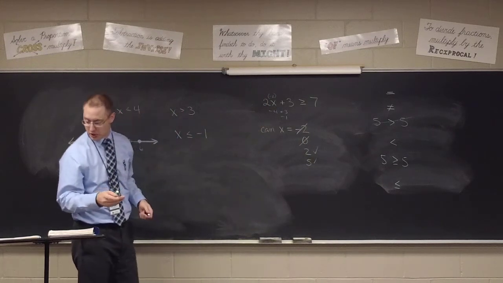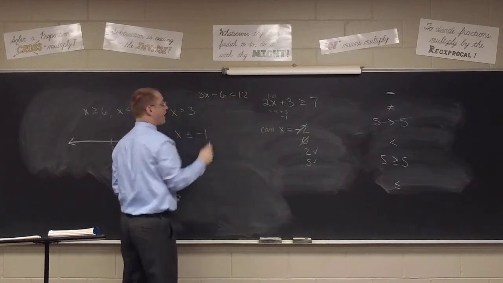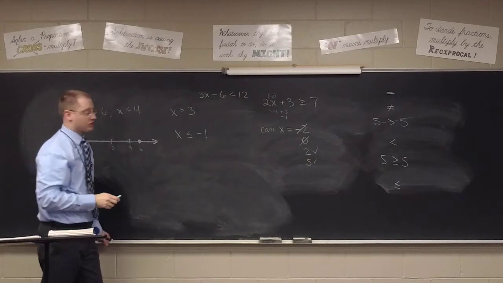How about this one? Do this one at your seats. Suppose I have 3x -6 is less than 12. 3x -6 is less than 12.